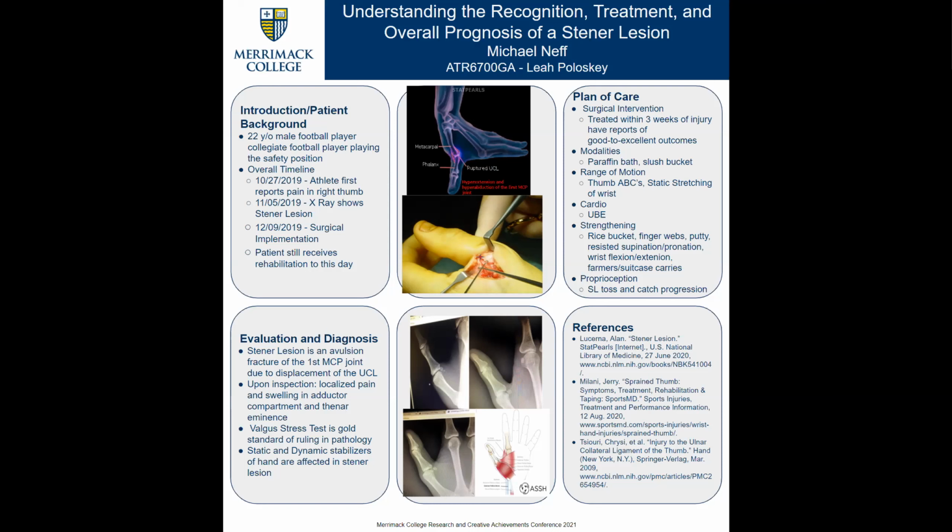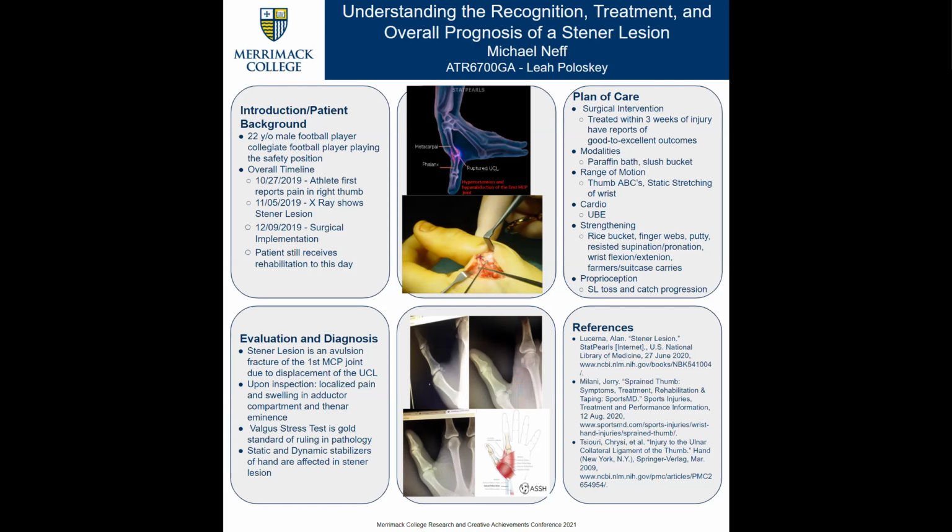Upon inspection, a clinician may notice localized pain and excessive swelling in the adductor compartment and thenar eminence, and in medical terms, they might also see ecchymosis surrounding this area.